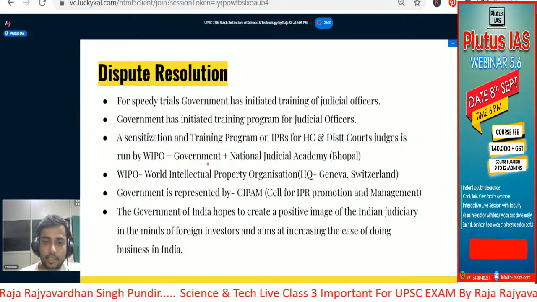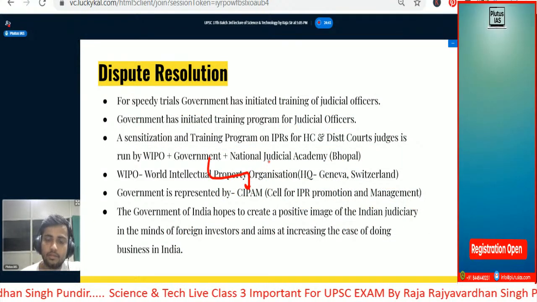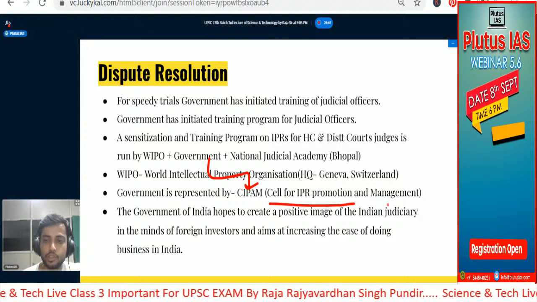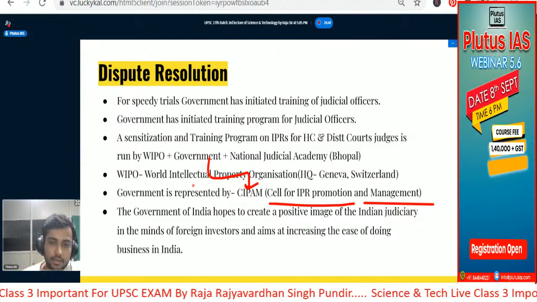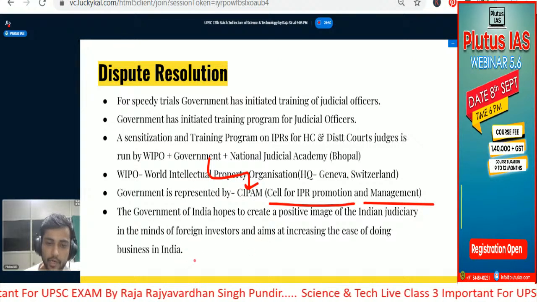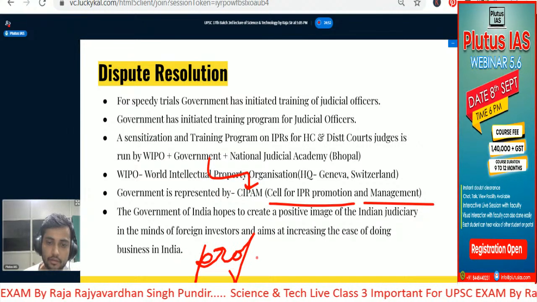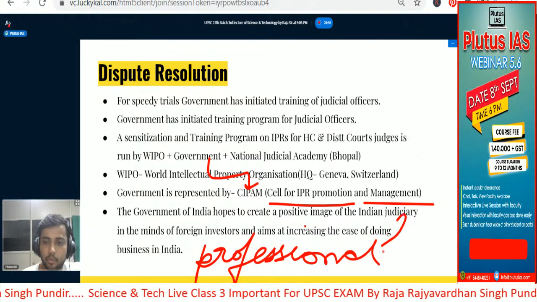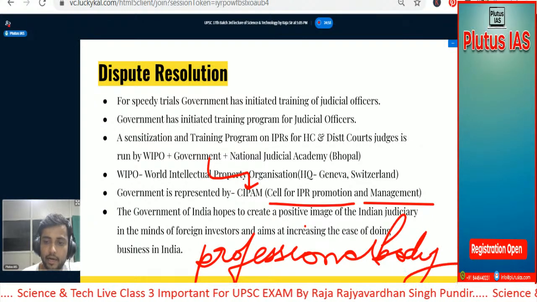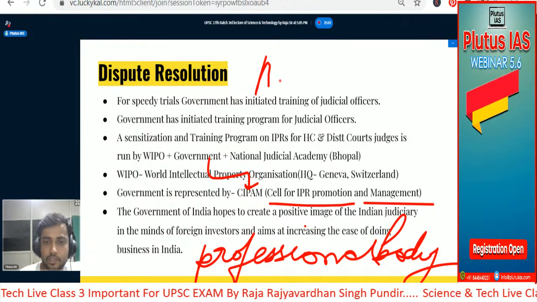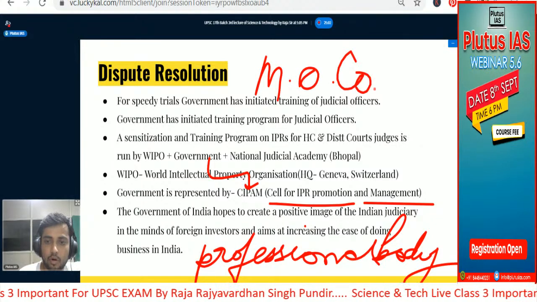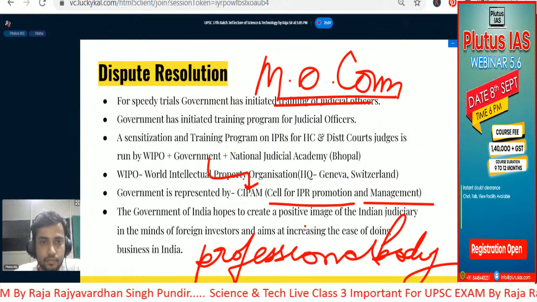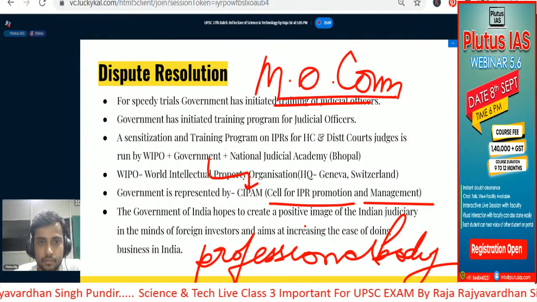And the government is represented by CIPAM, which is the Cell for IPR Promotion and Management. See, this CIPAM is a professional body of the Government of India, and it is under the Ministry of Commerce.